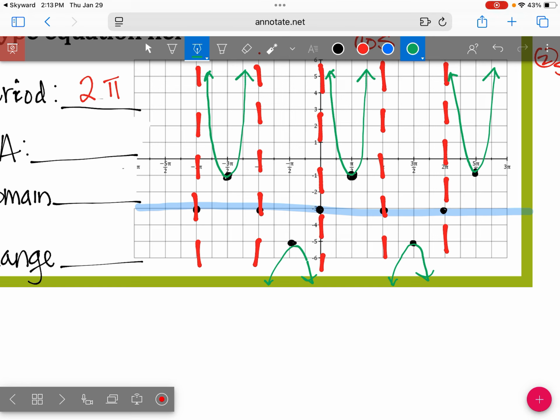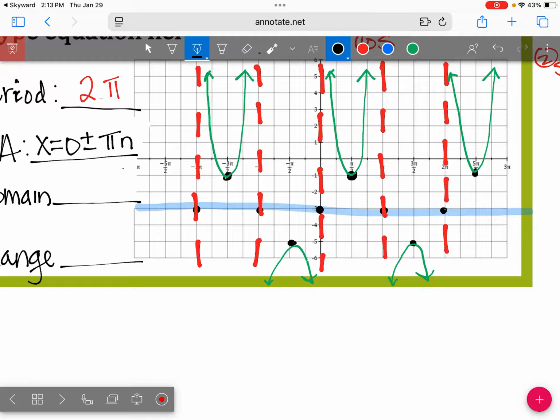Okay, my first vertical asymptote is right here, which is x equals, what is x equal right here? 0. So my first vertical asymptote is at 0. Then it's plus or minus. You see how we're going 4 hops? And 4 hops is what? Pi. So it's plus or minus pi n.